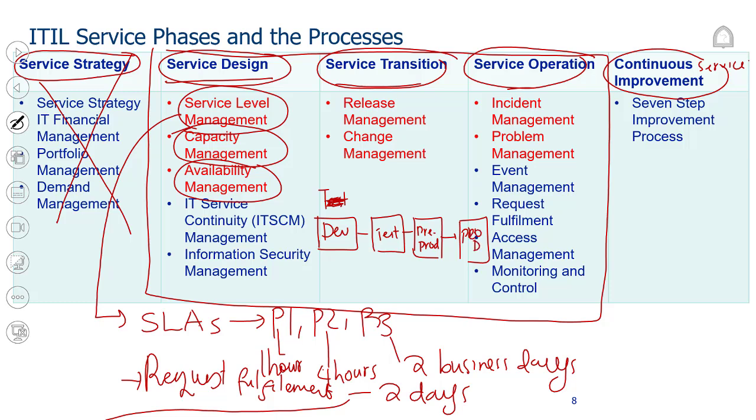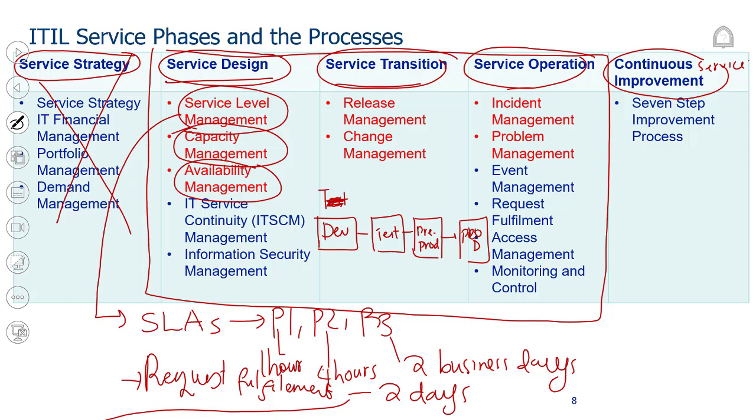Prod, okay? If you've not encountered this, you may be asking, what are these environments? Environments are just infrastructure which are meant to be used for different things.